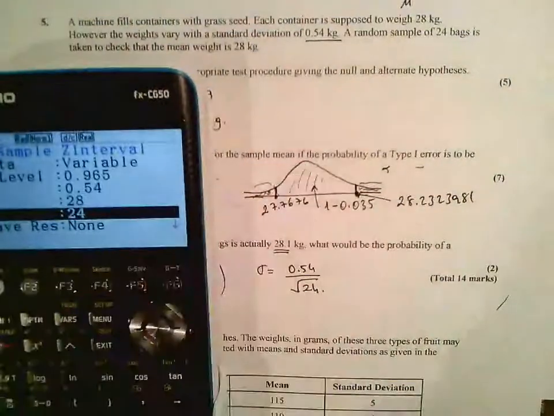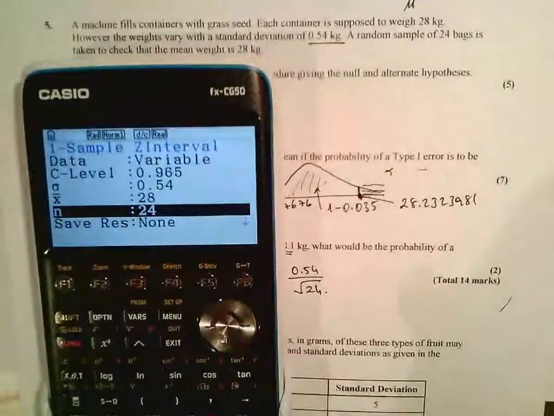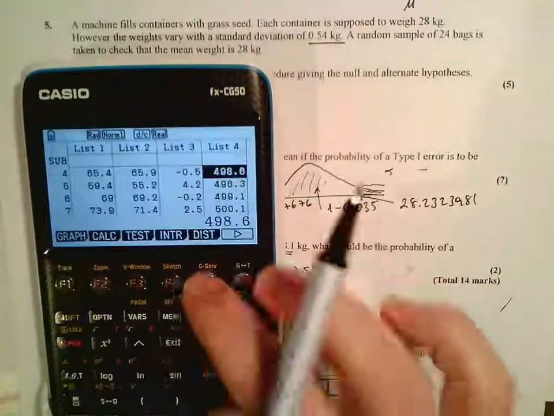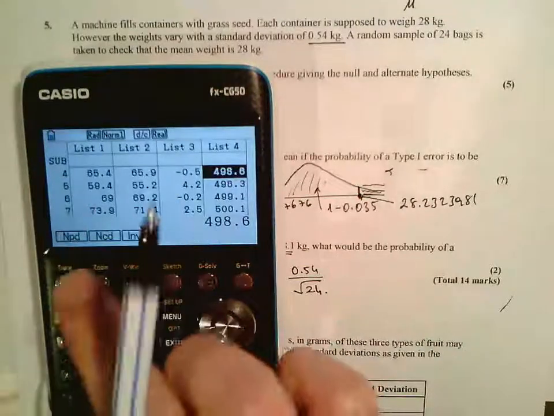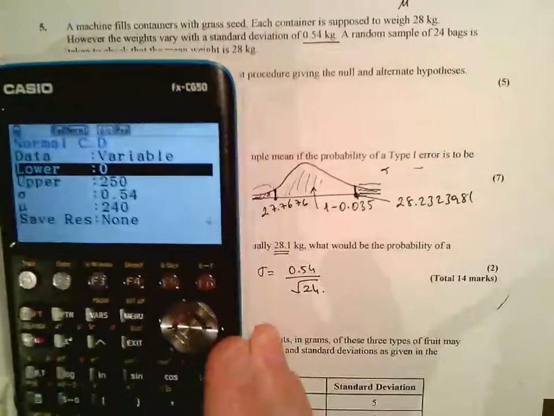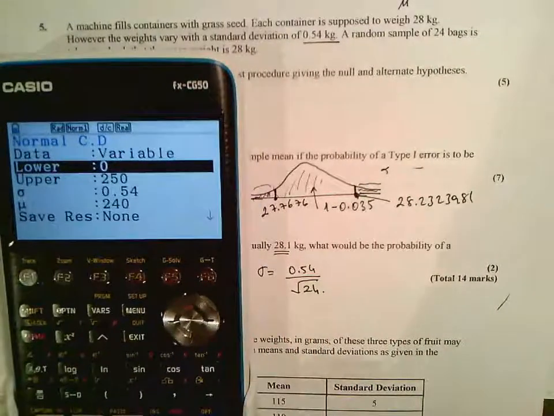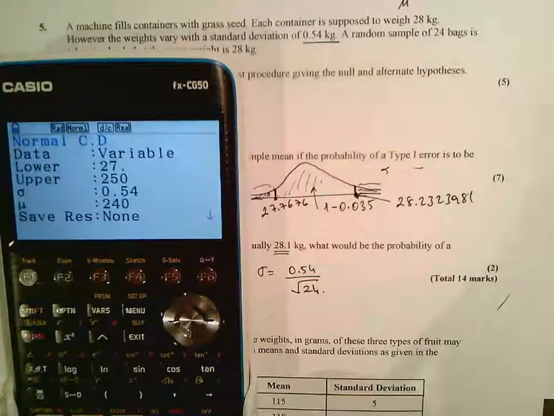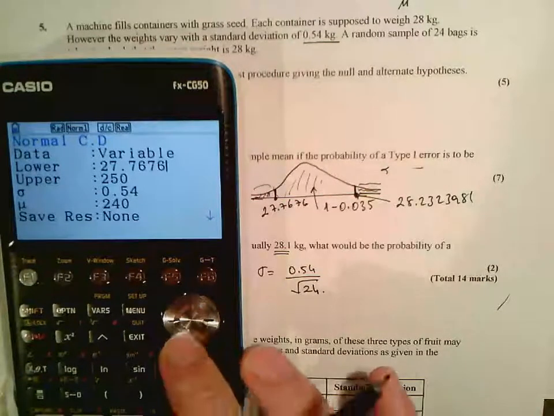Okay, let's go to the distribution, normal distribution, and CD. What is my lower value? 27.6776.